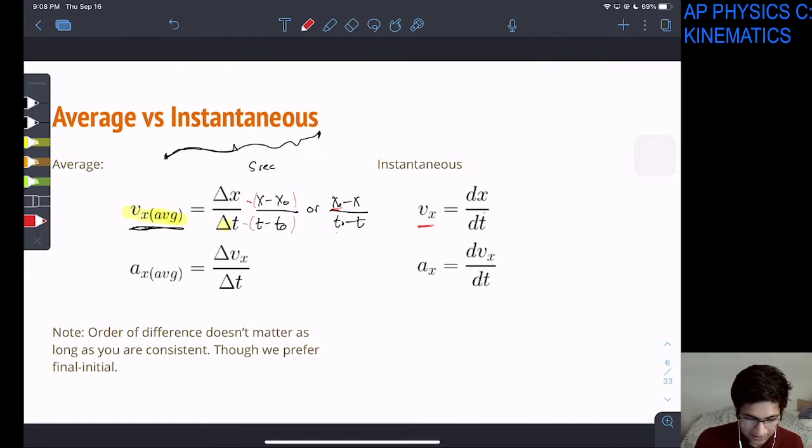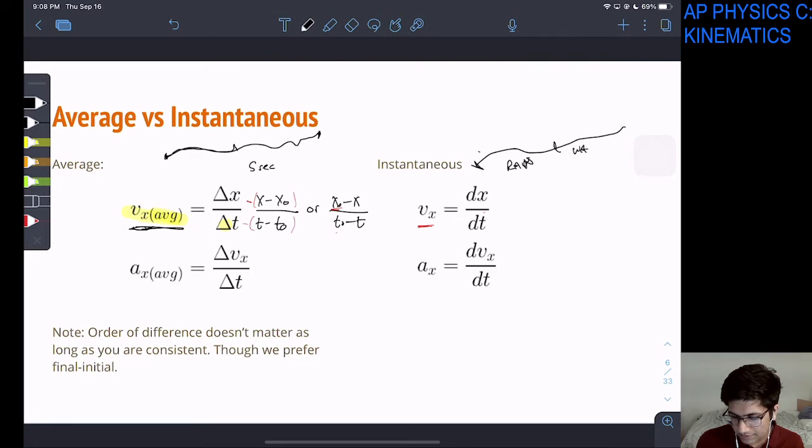So now what we're saying is that if we're traveling along a path here, and let's say we ran this first part here, and then we walk the second part, then our instantaneous velocity is going to tell us in this specific moment in time, if you zoom in, if you literally look at each individual step, on a smaller distance scale, in that specific moment how fast were you traveling, that's our instantaneous velocity.